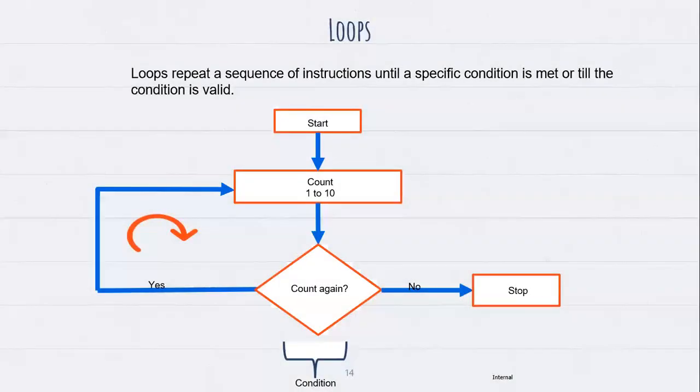Now our next topic is loops. A loop is a program structure that repeats a sequence of instructions until a specific condition is met, or as long as the condition is valid. Suppose you are checking input. You ask the user to enter a number, and if the number is greater than 10, you ask the user again to enter a number.